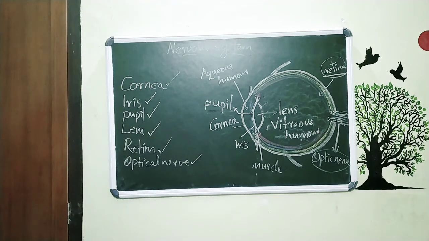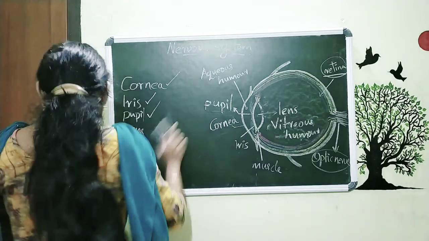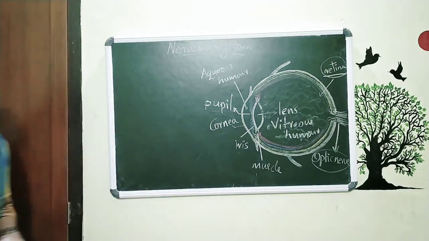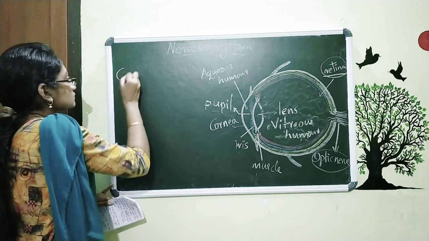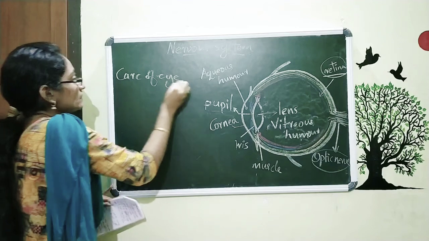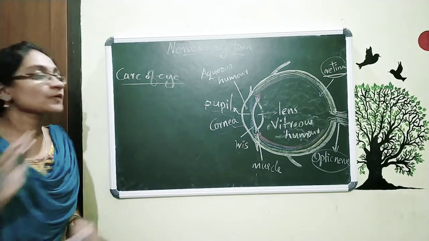And the next topic in this eye itself is how to protect our eyes or how to care for our eyes. Care of eye. You want to remember 4-5 points in this.